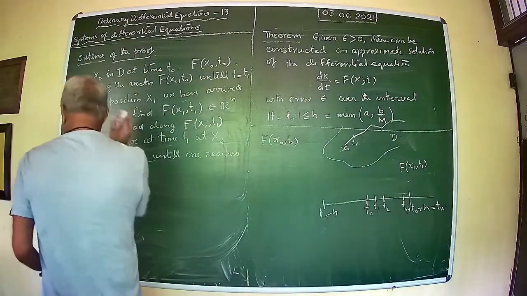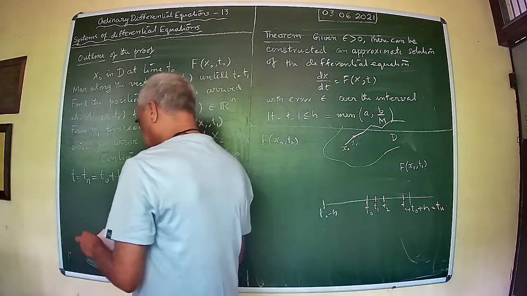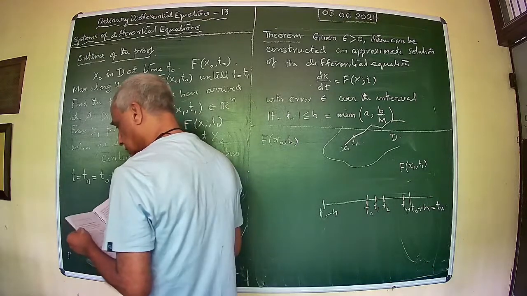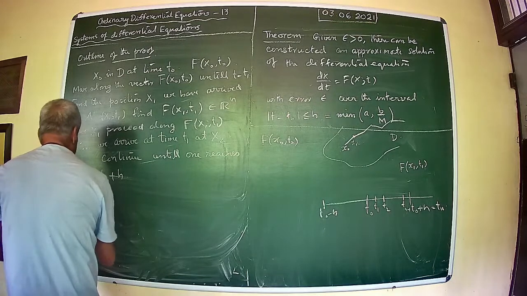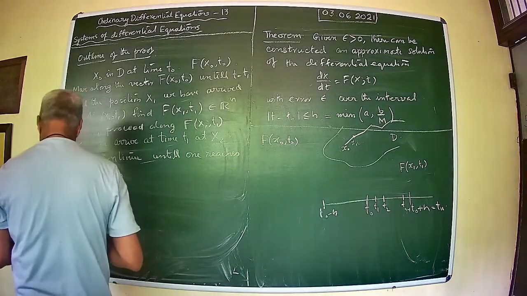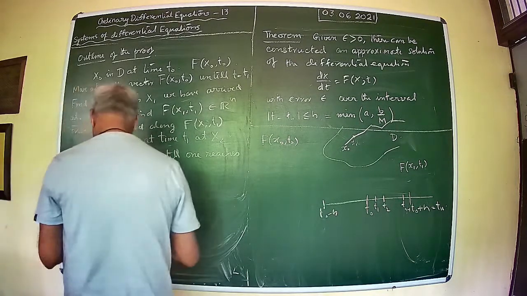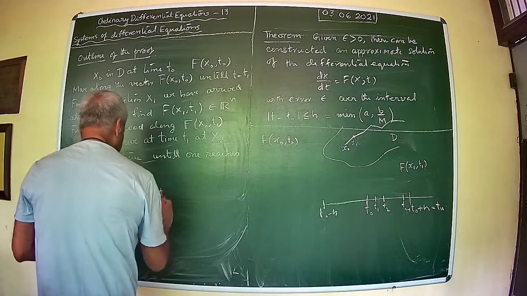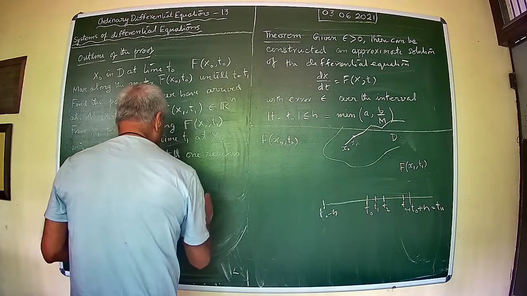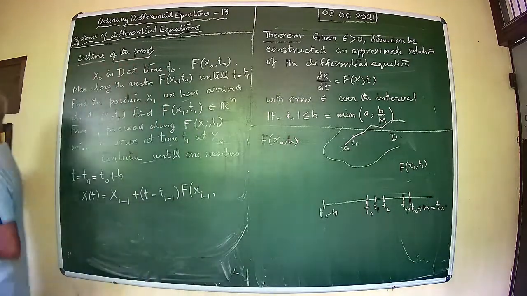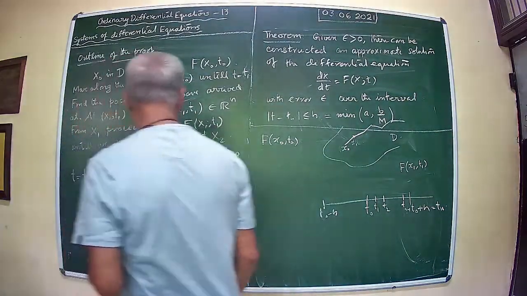So we have to substantiate. So this is the process that you indulge in, and then what you get? One gets the approximate solution will be x of t equal to x i minus 1 plus t minus t i minus 1 times f of x i minus 1.